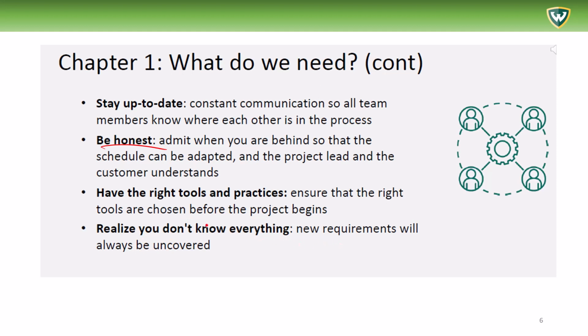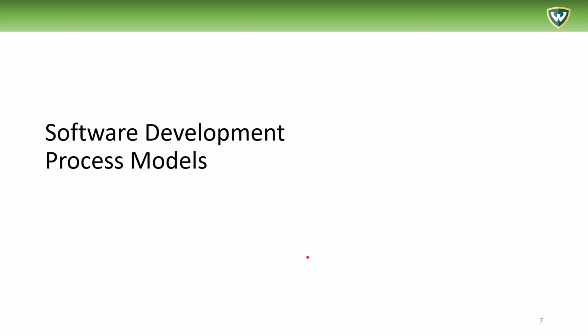New requirements will always be uncovered. So some mixture of tools and practices, but also broader statements of principles of interaction among people and among ourselves in order to accomplish software development in a successful way. Next, we will be talking about software development process models.